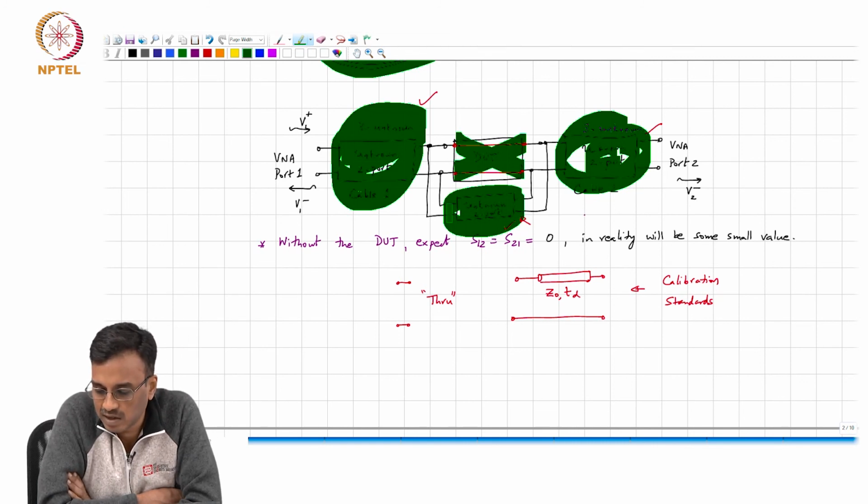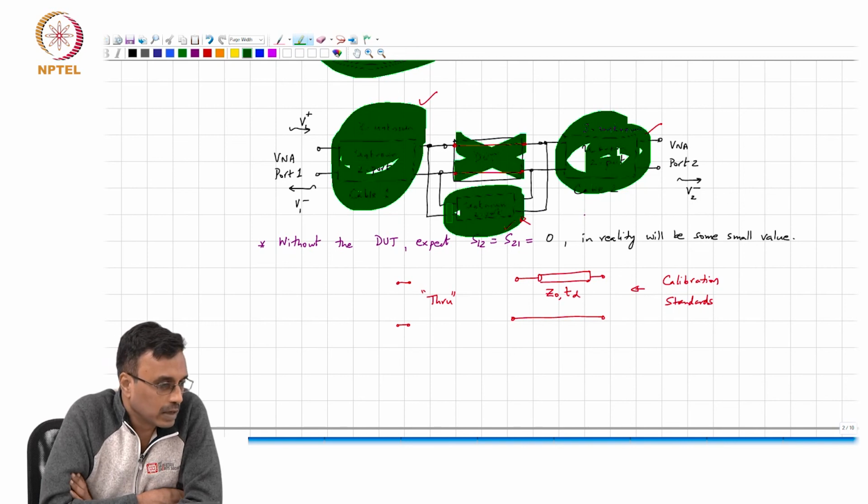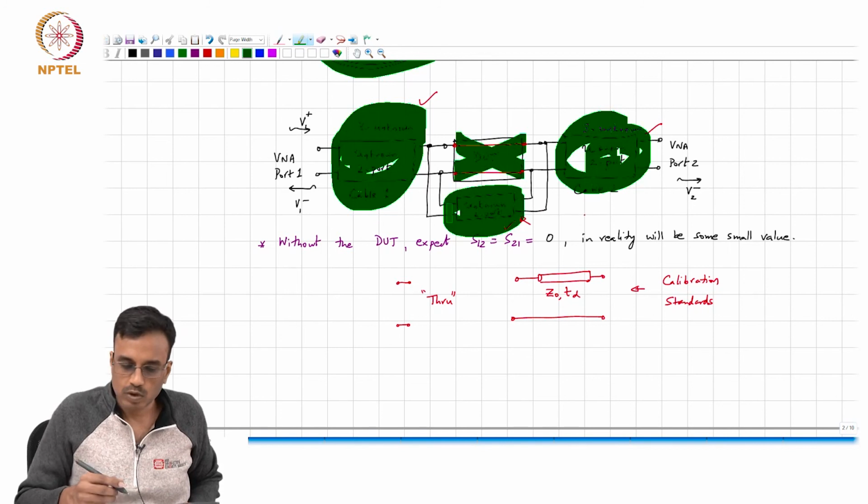The calibration standards and the quality of the through and so on become very, very relevant only at very high frequencies. Again, the notion of high frequency is dependent on wavelength and the frequency of operation.